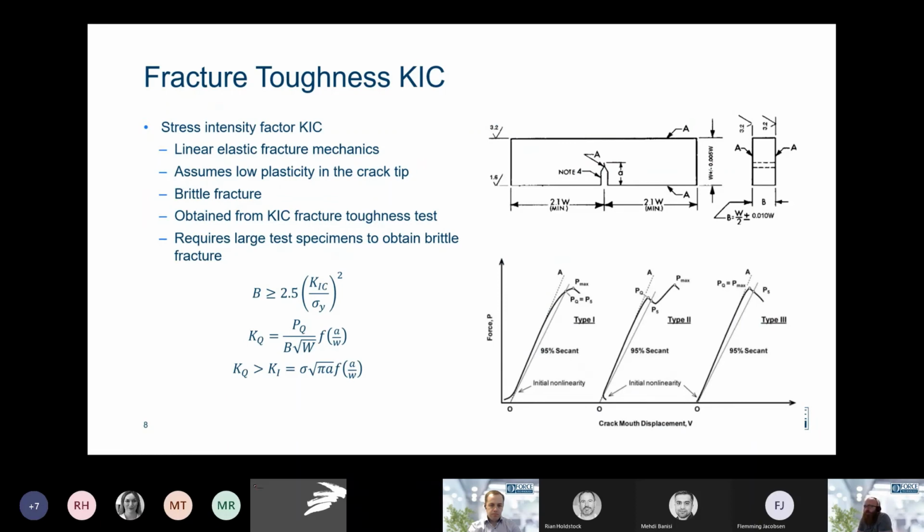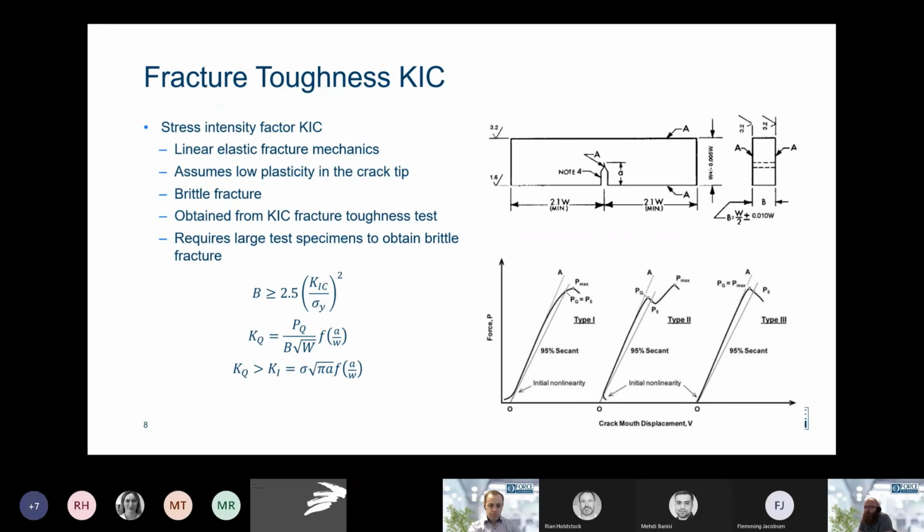Material resistance, or the fracture toughness. I'm only going into the K1C due to time restraints. K1C, or K, is the stress intensity factor, and as Rian also told us, in linear elastic fracture mechanics we assume low plasticity in the crack tip, and therefore we expect a brittle fracture from the testing.